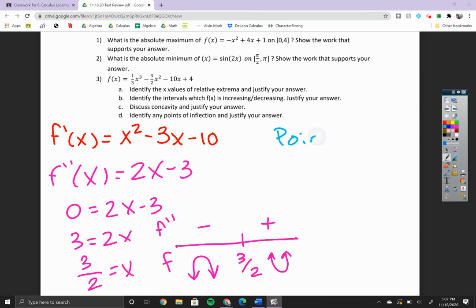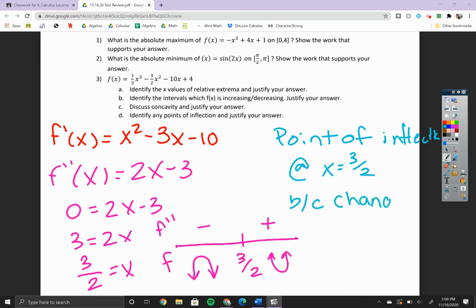So we know that the x value is going to be at 3/2, because f changes.